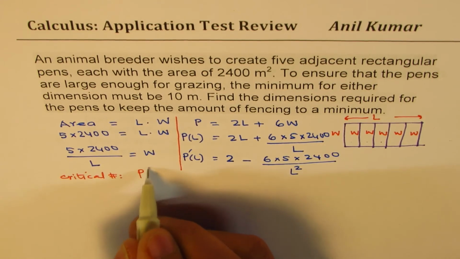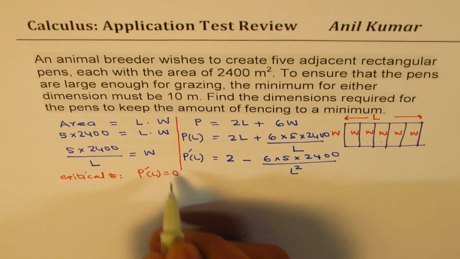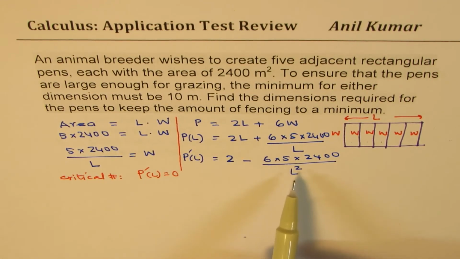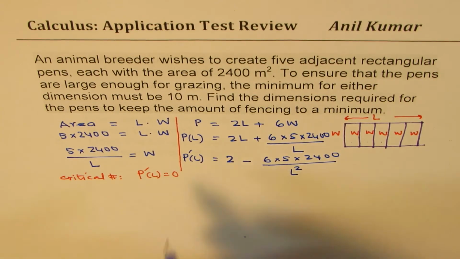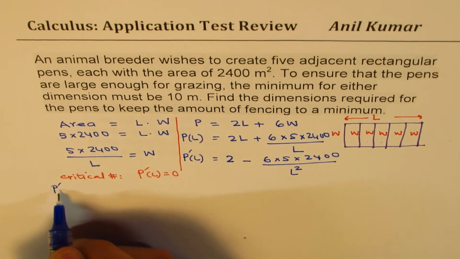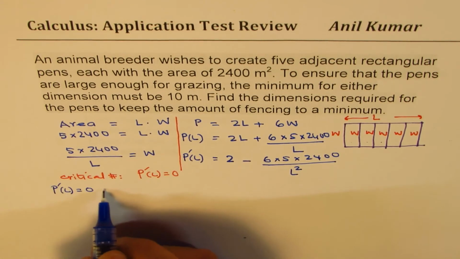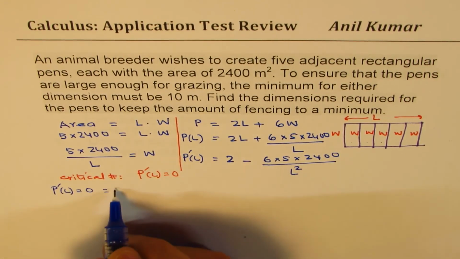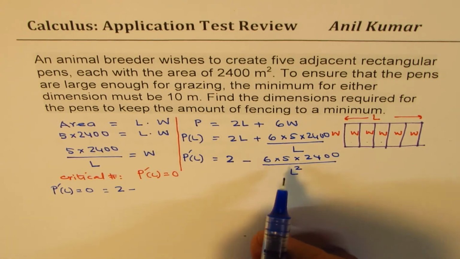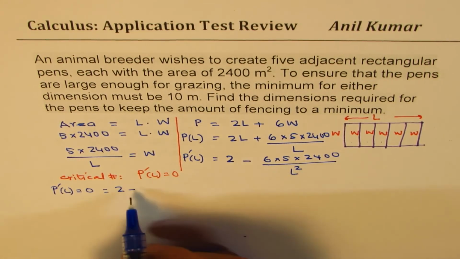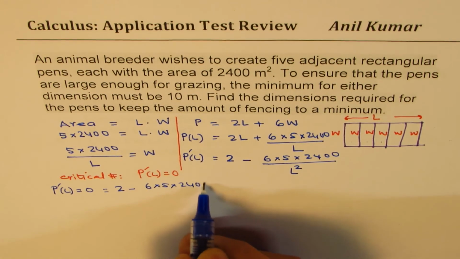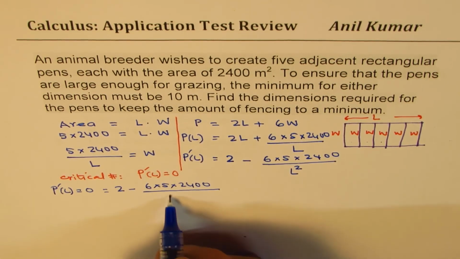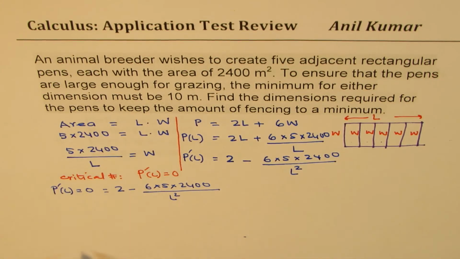That means that the derivative should be equal to 0 in our case. Now if I equate this to 0, that really means that 2 minus all this, 6 times 5 times 2400 over L square, is 0.